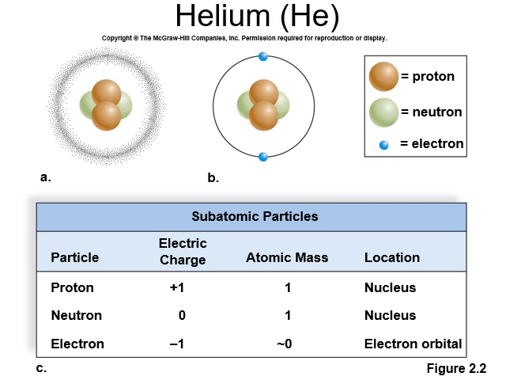So helium has 2 protons, and the atomic mass of helium will be the number of protons plus the number of neutrons. So the atomic mass of helium will be equal to 2 plus 2, which is 4.